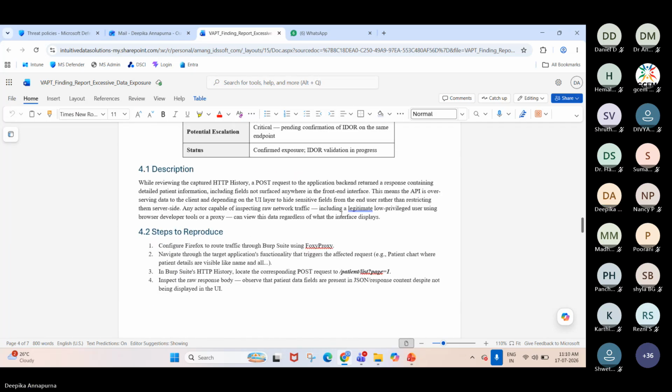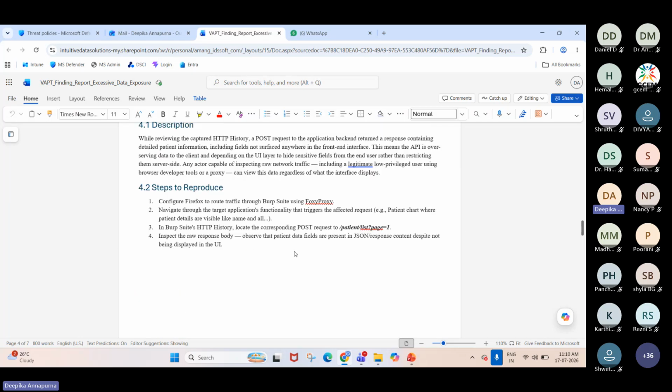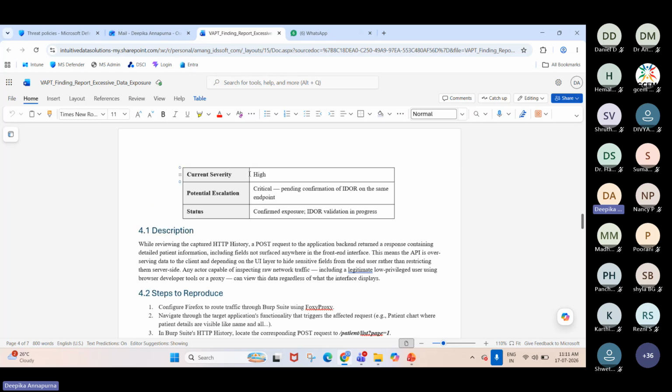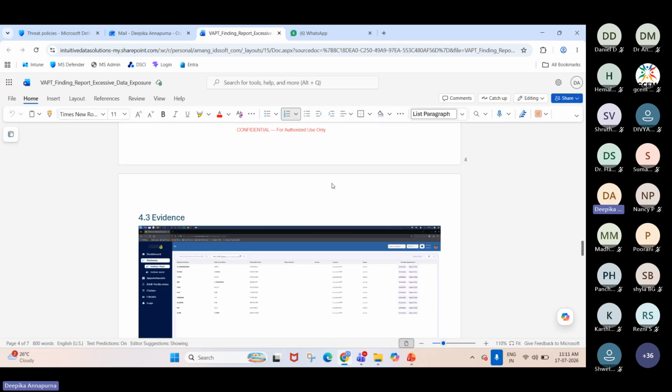What is the description? What had happened here? The description. And here we can mention the current severity is high and critical. That should be immediately remediated and fixed. So they are using Firefox to route traffic through Burp Suite using the Firefox proxy.